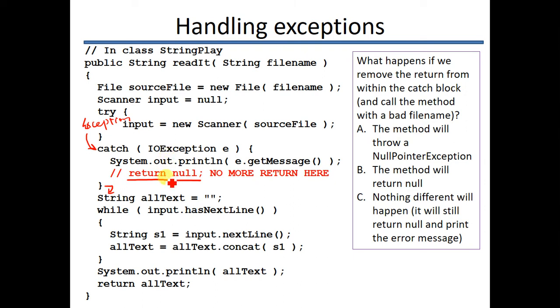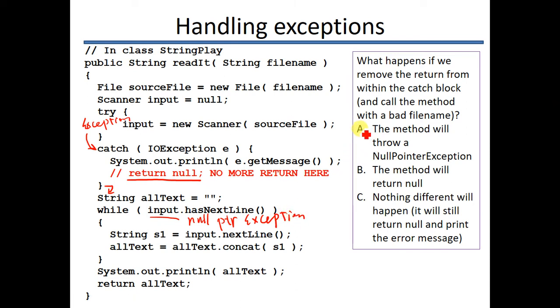So if you comment out this return null, this file, although it is bad, you are still trying to read from this file. So this will give you a null pointer exception. Right, so this is what's going to happen.